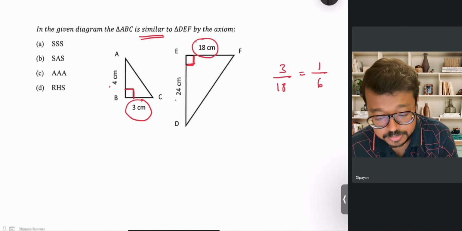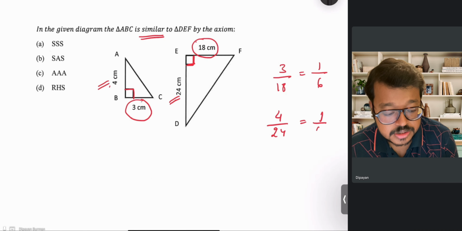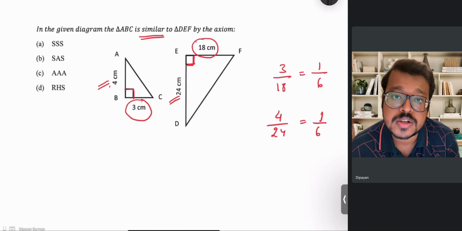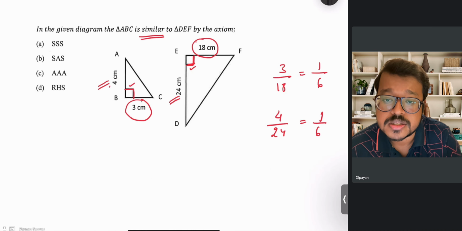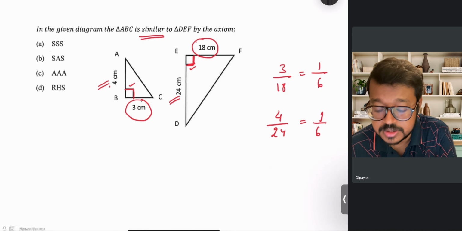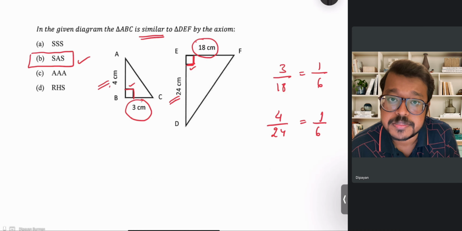And then if I am looking at 4 centimeter and 24 centimeter, 4 by 24 also reduces to 1 by 6. So I have two pairs of sides which are having the same ratio, or we have two pairs of corresponding sides which are proportional, and the angle between those pairs of sides are equal. So that means we have the SAS similarity criteria or SAS axiom.